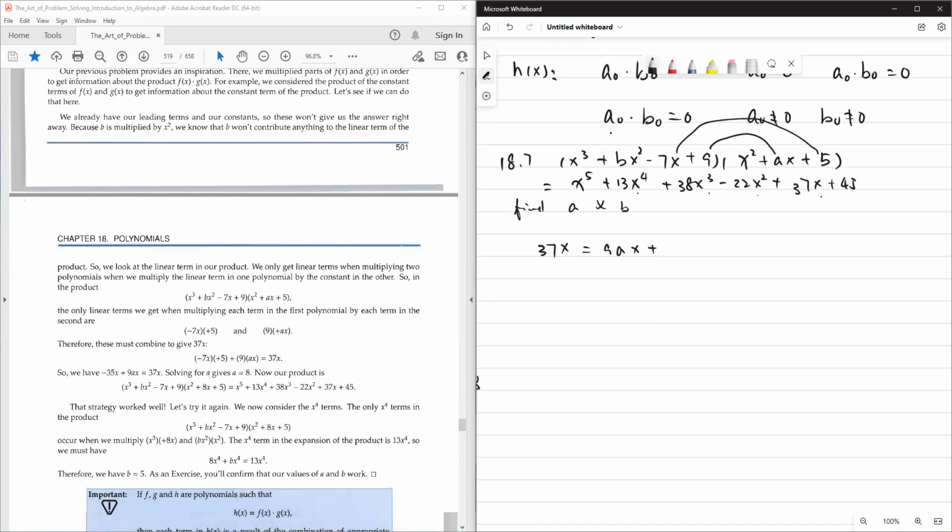Oh, be careful about the signs. Minus 35x. Okay, so this gives me 9ax equals 72x. Yeah, and that tells me a equals 8.